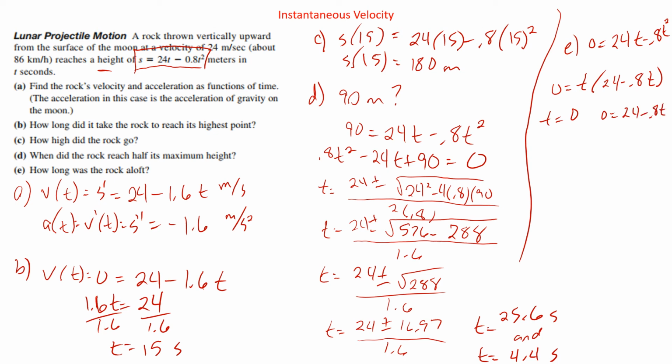So we can calculate that. That'll be 24 divided by 0.8, which is hopefully not very surprising to you. 30 seconds. Being that it's a parabola, it should be even about the vertex. So 15 seconds going up, another 15 seconds going down. But if it wasn't, it's from 0 to 30, so it was aloft for 30 seconds.